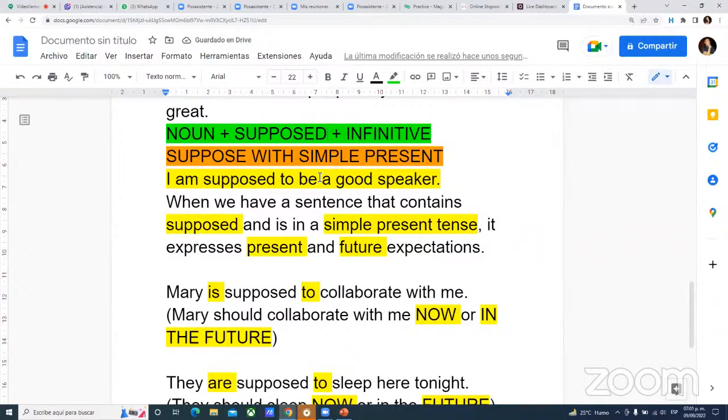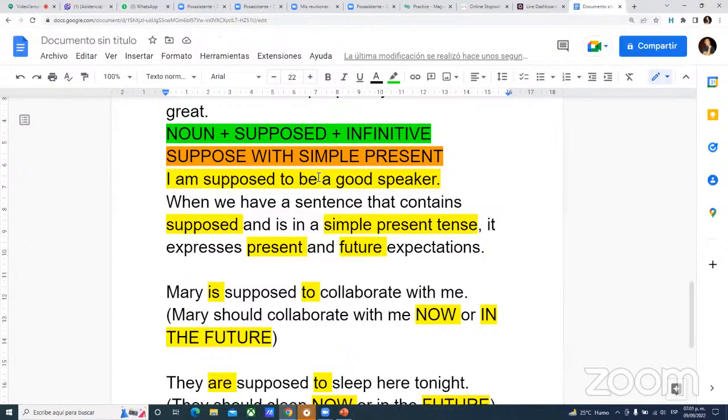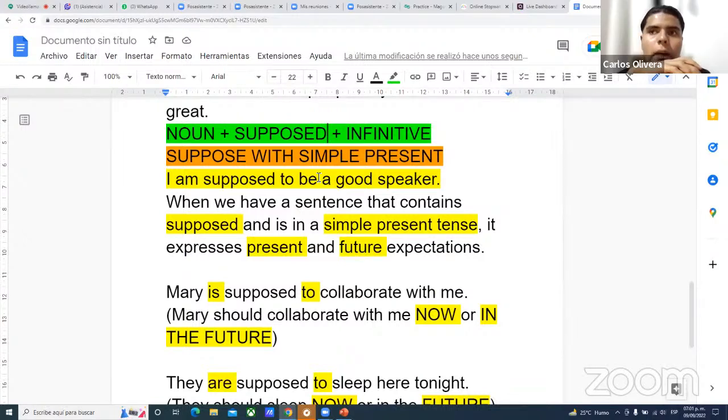Okay. I mean, yes. You can use suppose at any moment without the D. Yes, you can use it, but it wouldn't have this meaning, of course, right?